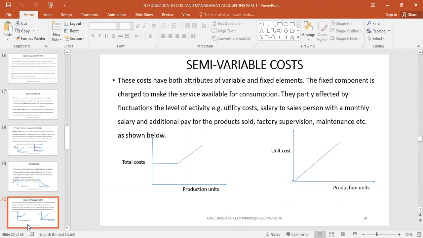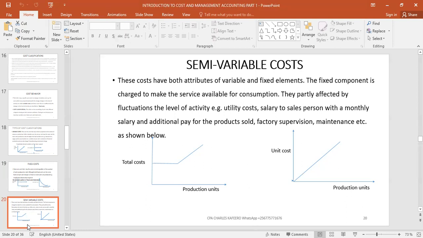This is usually done for sales agents, because when you are paying a sales agent, most of the time they pay them a retainer, and that retainer is regardless of the number of units they are selling. But on top of the retainer, they give them commission. That commission keeps varying with the number of units you are selling. When you sell more, you are expected to get more. That means the retainer will be the fixed component, and the commission itself will be the variable component.